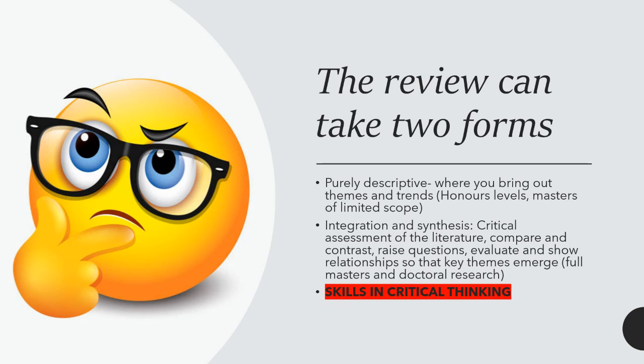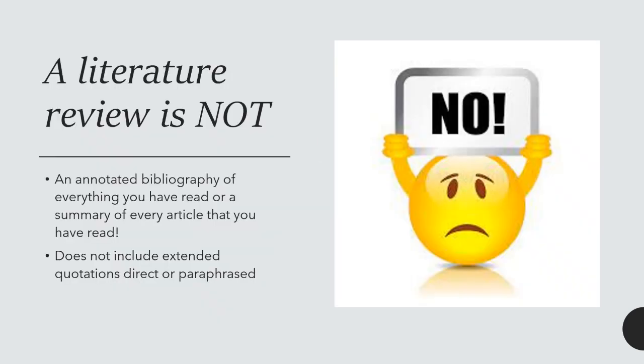So we've said a lot about what a literature review is. Maybe just one slide on what it's not. A literature review is not just an annotated bibliography of everything you've read or a summary of every article that you've read. We often find that literature reviews are simply a summary of everything that the student has read.